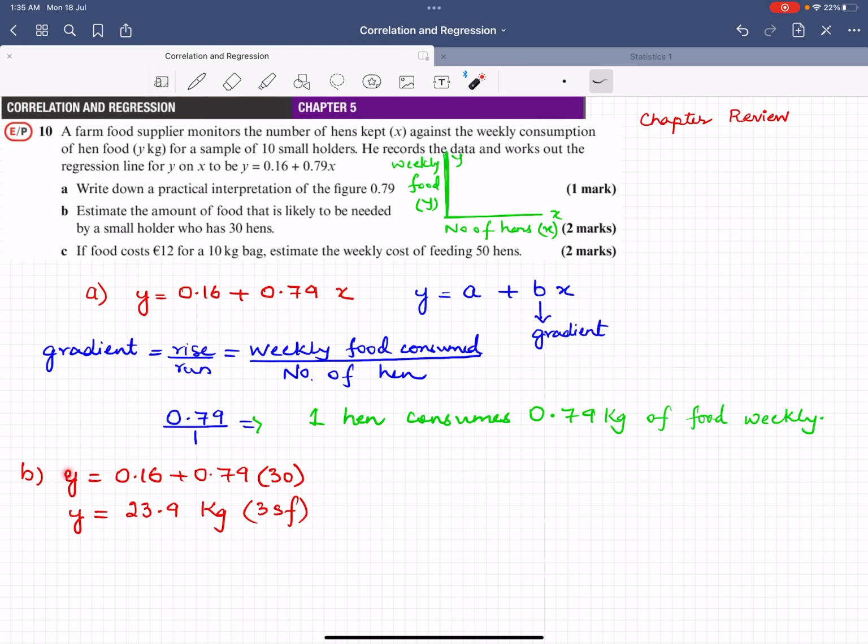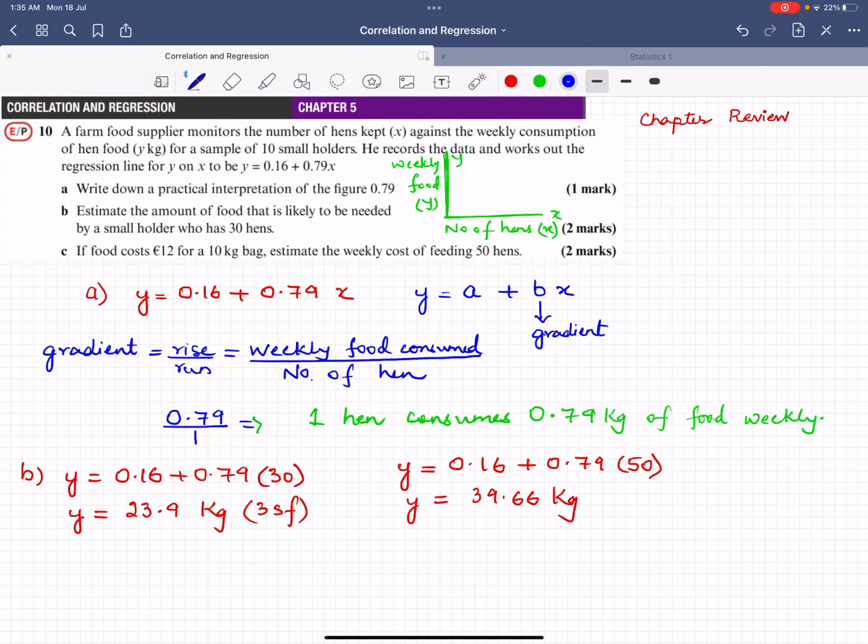So Y is the weekly consumption of food and the number of hens we have is 50, so 0.79, and in place of x, which is the number of hens, we plug in 50. So when we find the value, we get the value of y as 39.66 kg of food.